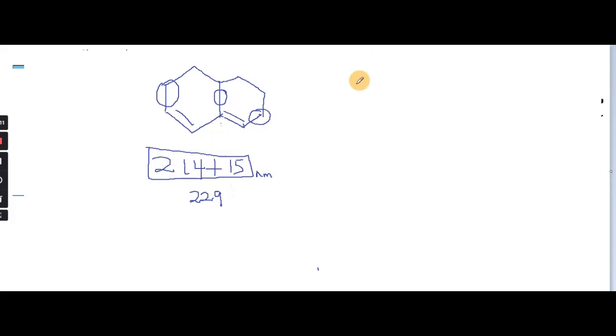What if we have this compound? A very similar compound. How would the maximum wavelength of absorption look for this compound?